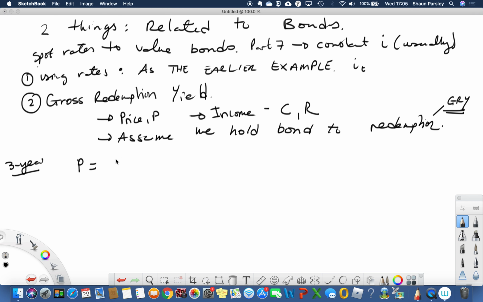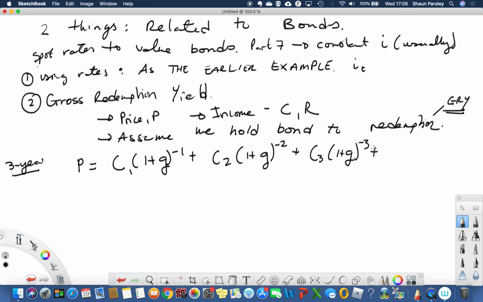So we'll say coupon times (1 plus G) to the -1, where G is the GRY, not some growth interest rate. And note the G's are now on every income amount, every cash flow. Then coupon times (1 plus G) to the -3 plus R times (1 plus G) to the -3 again. And of course then what we do is we solve for G, because we've got everything else. We've got the price, we've got the coupons, I've got the formula. So we solve for G.